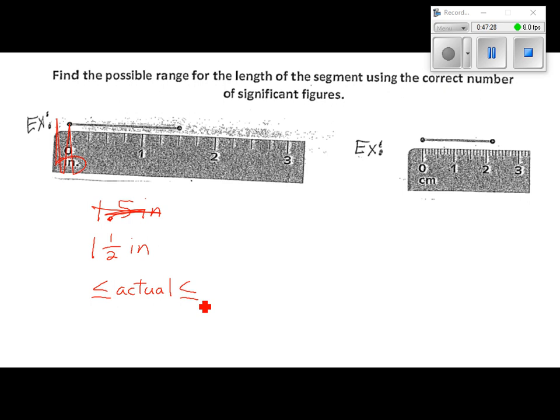So what's our smallest unit of measurement on this ruler? What did we split each inch up into? Quarters, fourths? And we want to times that by 1/2 or 0.5. What's 1 times 1?